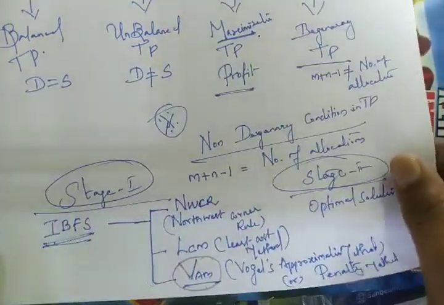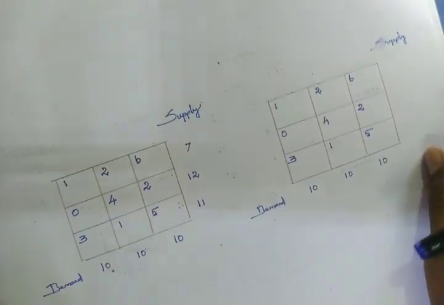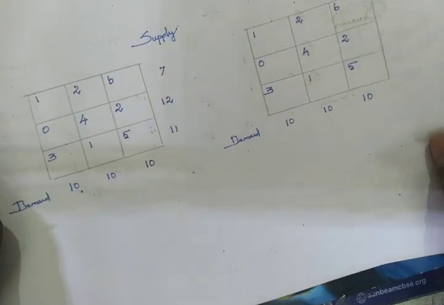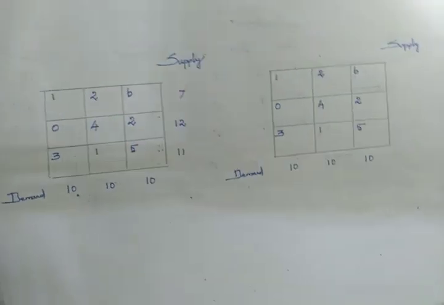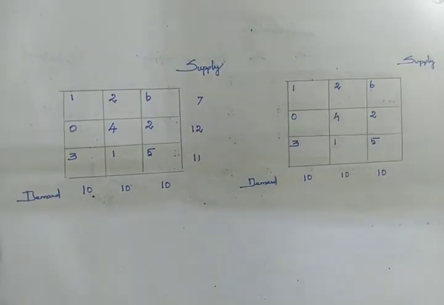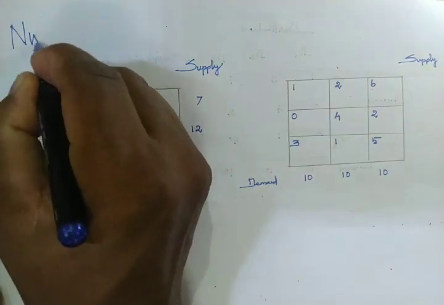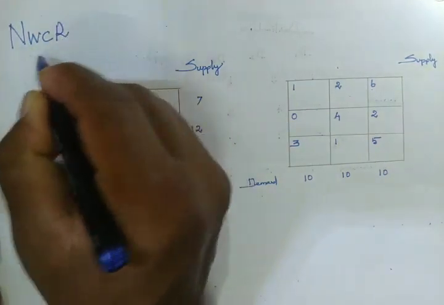First I will explain the north-west corner rule, NWCR. I am taking only one example to explain the three methods, so that you can see the different answers and also know which is the best.